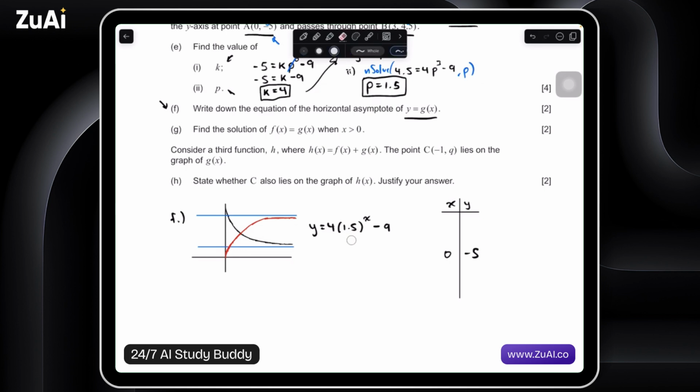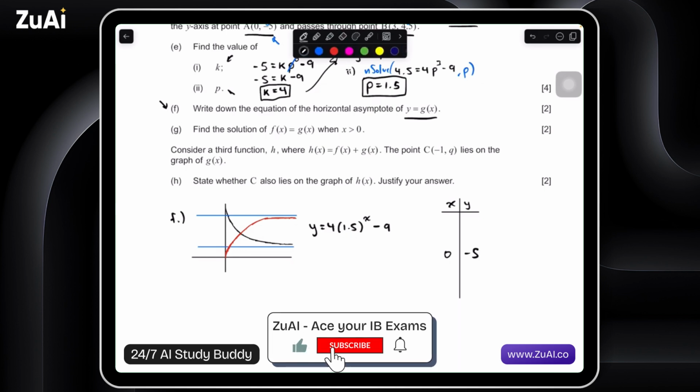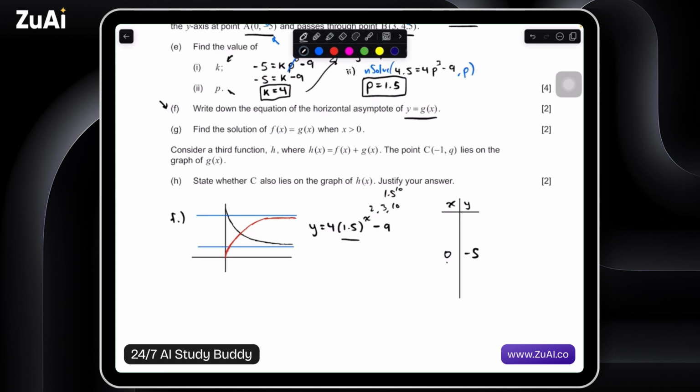And then we can ask, when x gets bigger, when x becomes 2 or 3 or 10, we have 1.5 raised to the power of 10. It's just getting bigger and bigger as x becomes larger. So 1.5 multiplied by itself 10 times, times 4, and then we just take away 9, which becomes less and less significant. So it gets bigger and bigger. In this case, our function will look something like this. It starts low and then it goes off into infinity.